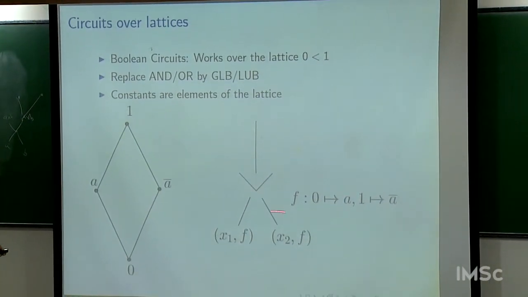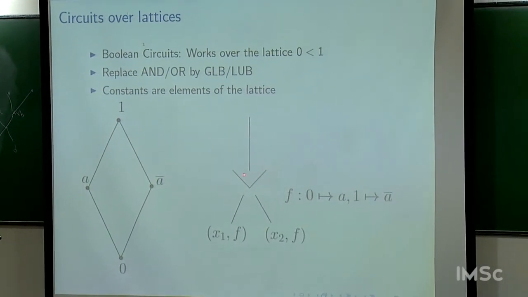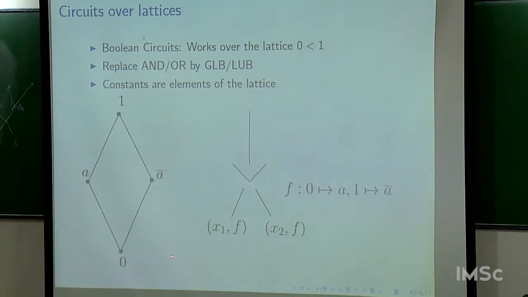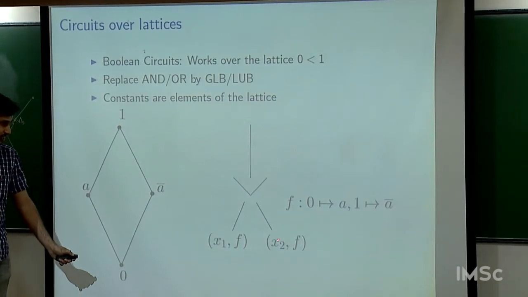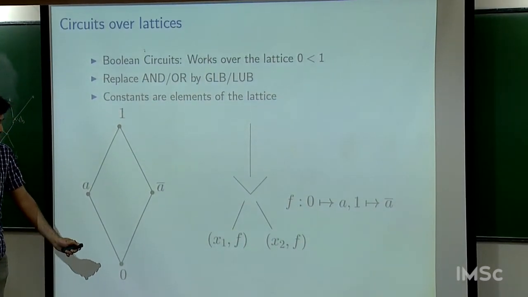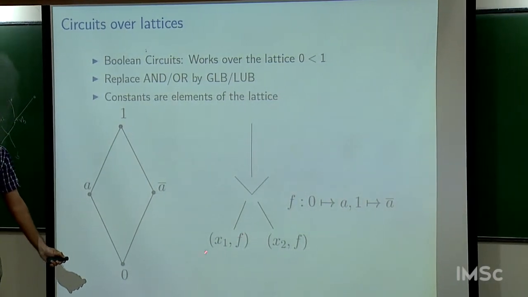We have just one gate which computes LUB of its 2 inputs. This notation means that the value of this wire is computed by applying f to x1.